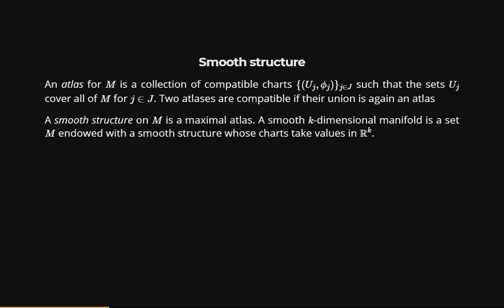Anyway, this is the whole theoretical setting. The whole point is that you've covered up your set with pieces of Rk that overlap and that glue in a smooth way. So you've given coordinates in every part, and when you change the chart you're using, the coordinates change smoothly, okay?